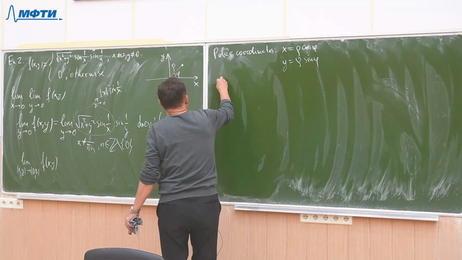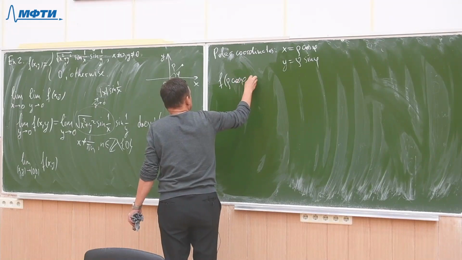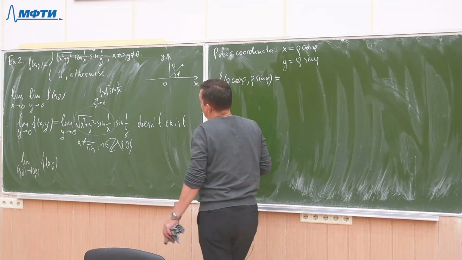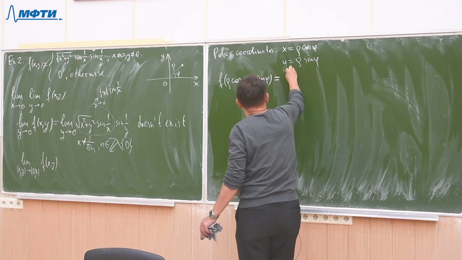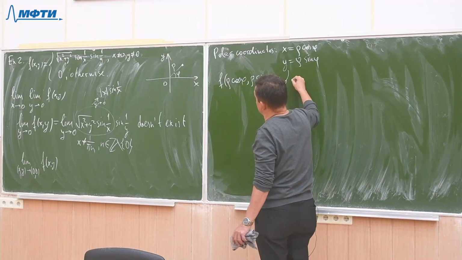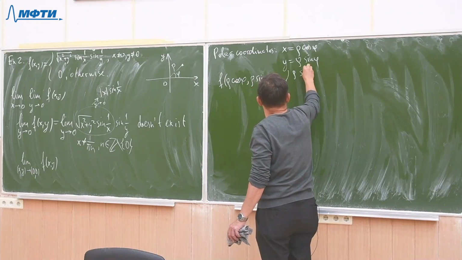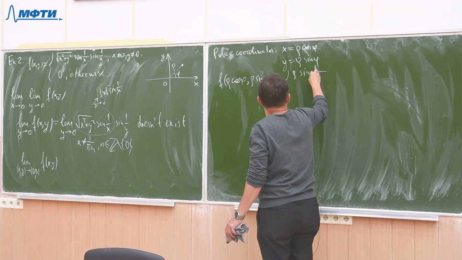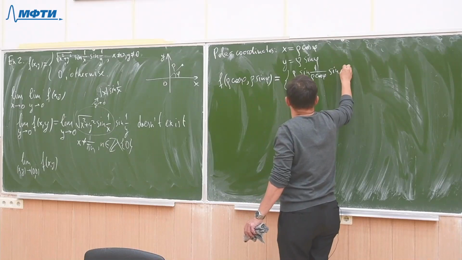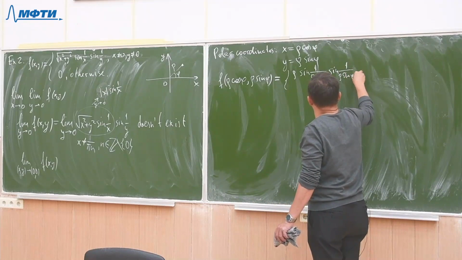What is our function in polar coordinates? That is rho times sine 1 over rho cosine phi, sine 1 over rho sine phi.